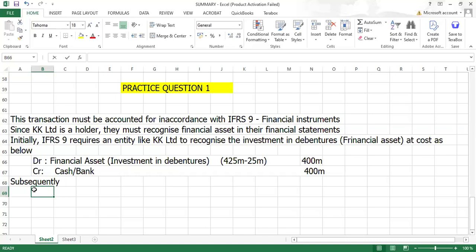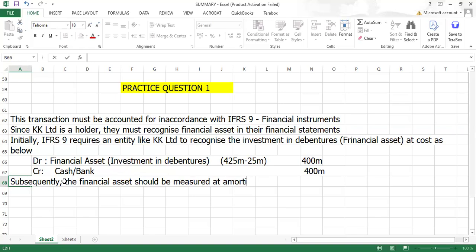So we are going to say that subsequently this financial asset should be measured at amortized cost, since it is held until maturity to collect the contractual cash flows.